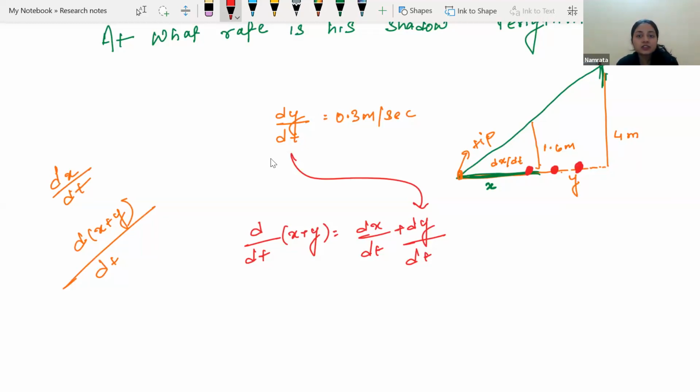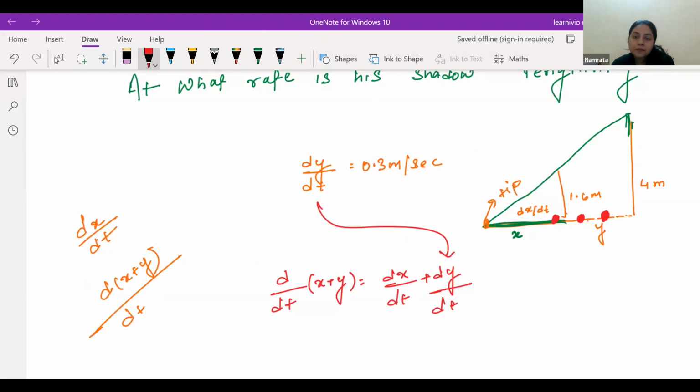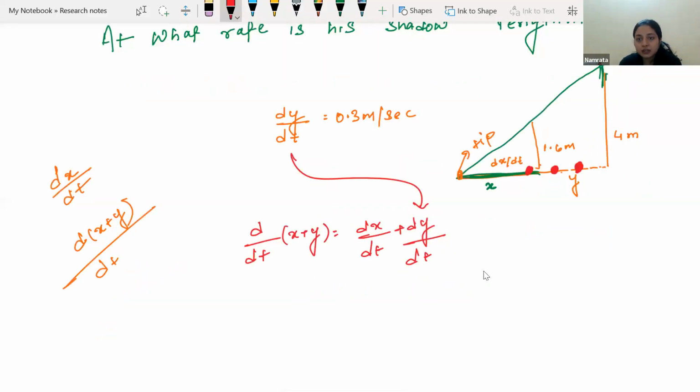How we'll be finding dx over dt, anyone? How we will find dx over dt? Pythagoras theorem. Okay, Pythagoras theorem, if we will apply for which triangle? For the bigger triangle, then we know only the smaller one, and the hypotenuse we don't know. Will it work?